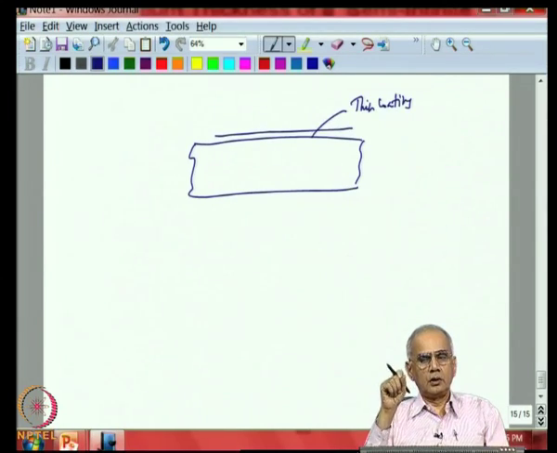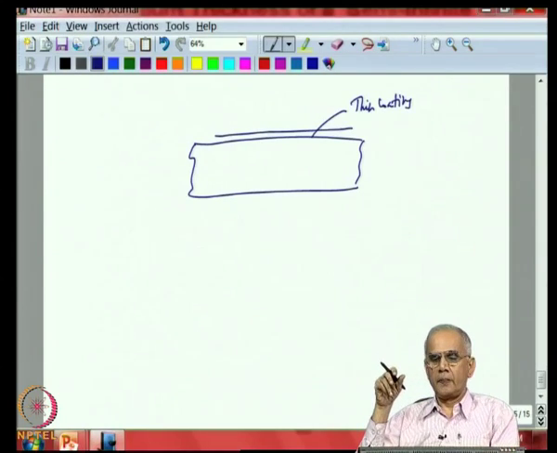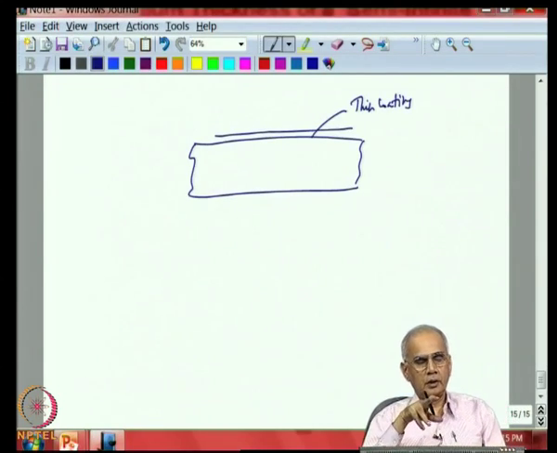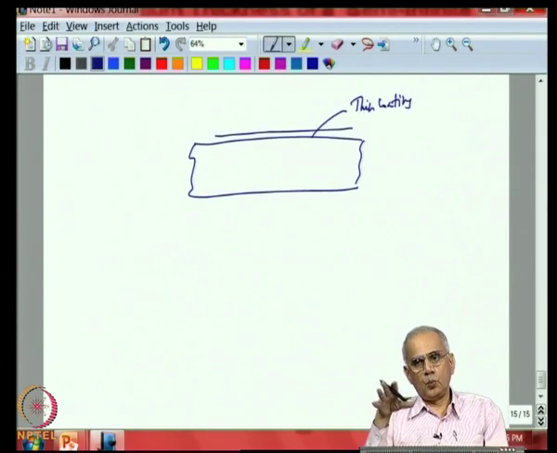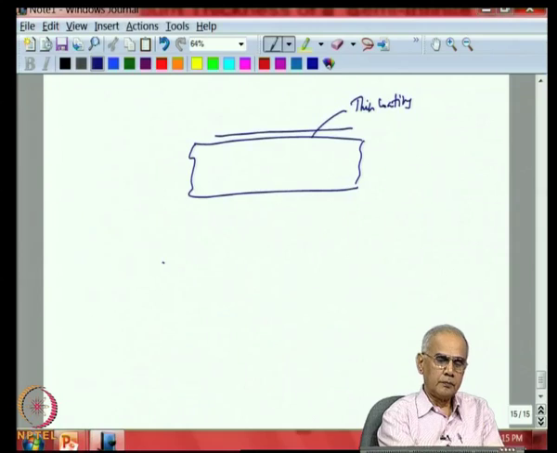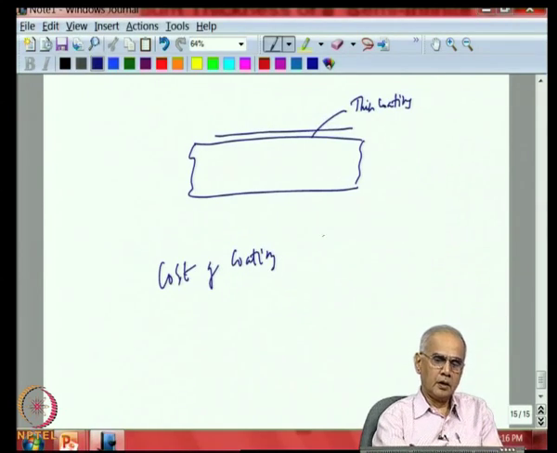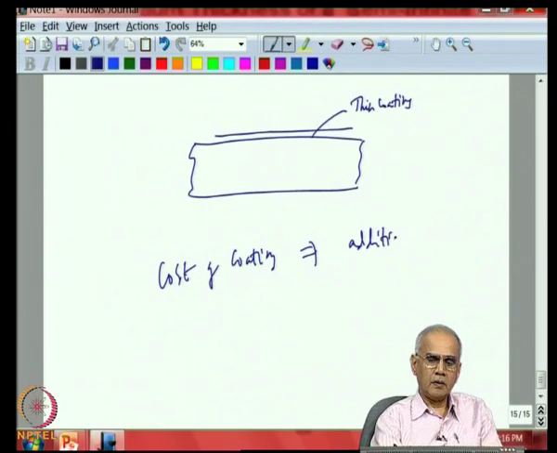So, this calculation will help to determine how much additional energy you will get in a solar collector by using a thin coating. And finally, one does an economic analysis to determine whether the additional cost of the coating can be balanced by additional solar energy collection.